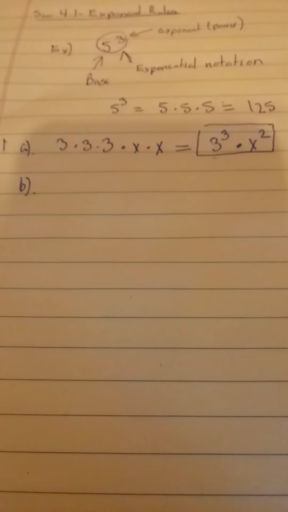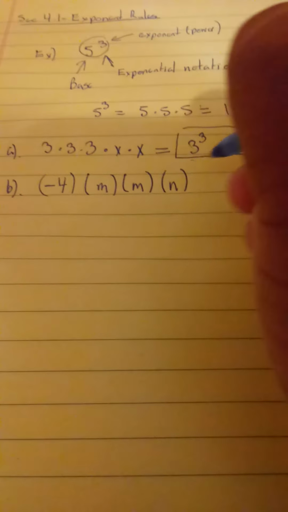Now let's go ahead and take a look at the next one. The next example here that we have is letter B. So letter B here, I'm sorry for the focusing, we have -4 (m times m times n times another m times n).